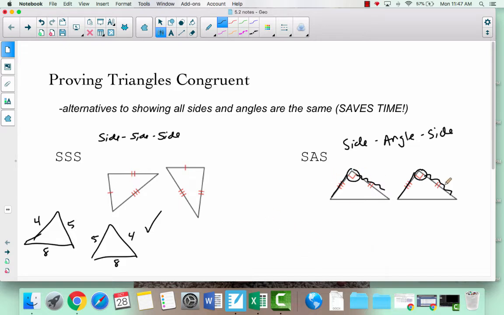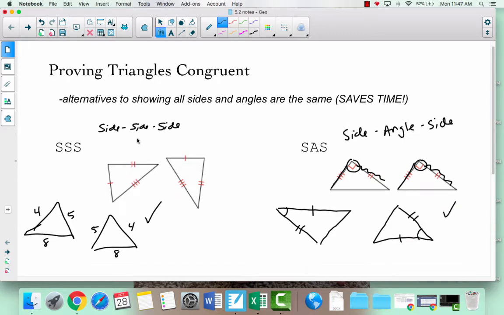And they don't always have to be right angles, that's just this particular example. I could have something that looks like this, where maybe I have that angle and those two sides, and then maybe even rotate it around. I've got this angle and those two sides. So notice that every side has a match and every angle has a match. So these would be congruent by side angle side.